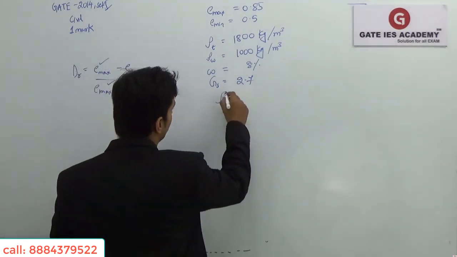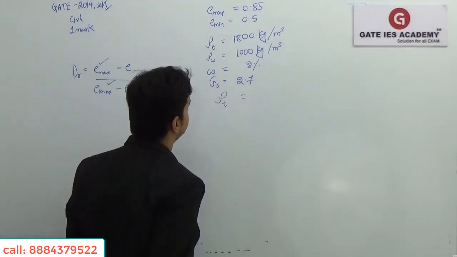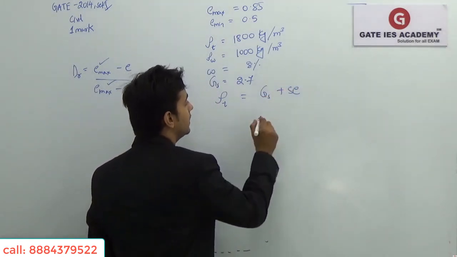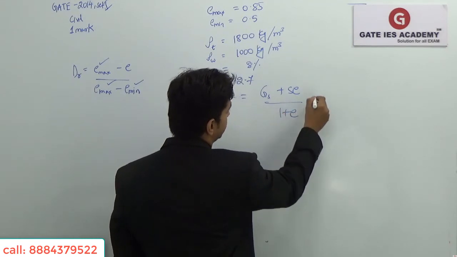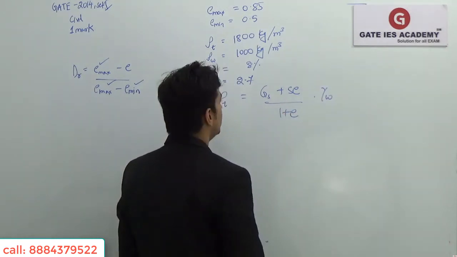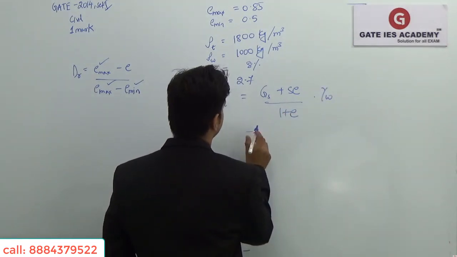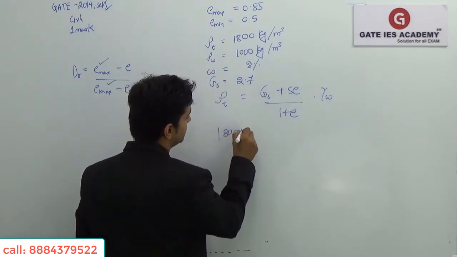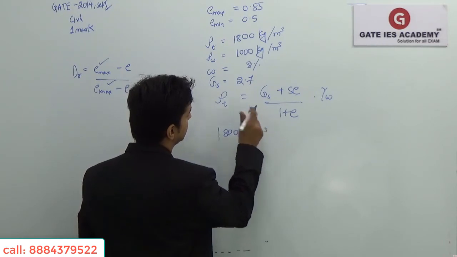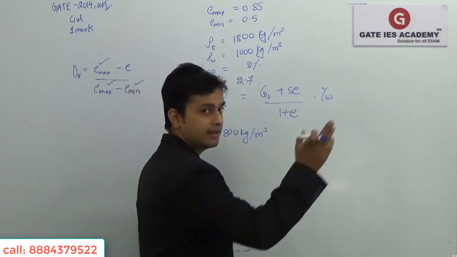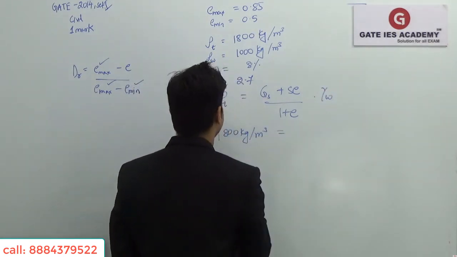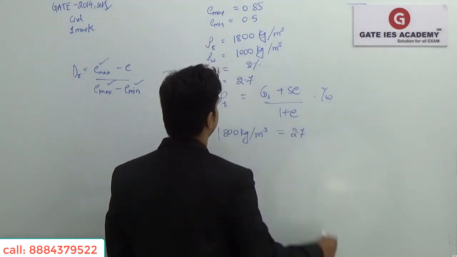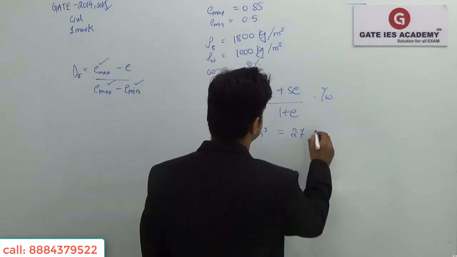We know that Rho T is equal to GS plus SE upon 1 plus E into Rho W. Now Rho T is given, that is 1800 kg per meter cube. I told you, you can convert it into Rho T as well because G can be cancelled from both sides. This will be 1800 kg per meter cube is equal to 2.7 plus SE.